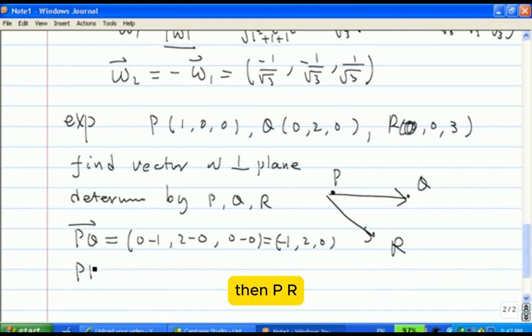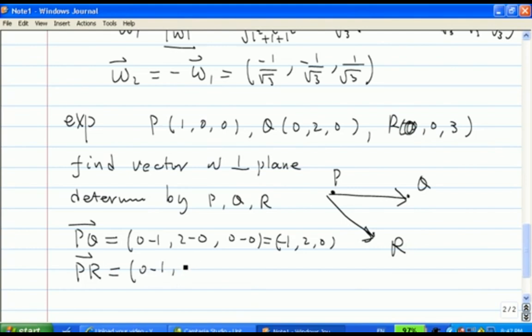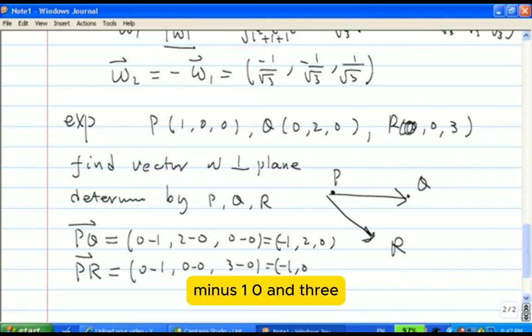Then PR. Use the coordinates for R, subtract the coordinates for P. 0 minus 1, 0 minus 0, 3 minus 0. Okay. Minus 1, 0, and 3.